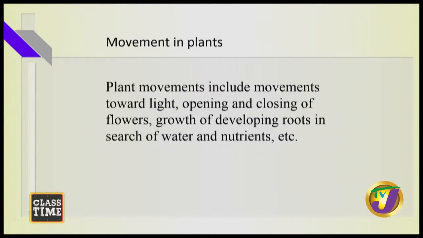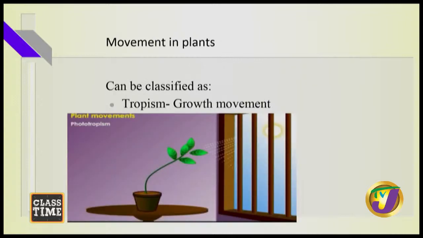Now, as I said before, plants do undergo movement, and we're going to see how plants actually do this. Plant movements include movement towards light, opening and closing of flowers, growth and development of roots, and movement of roots to find water, nutrients, etc. Plant movement can be classified into two types.